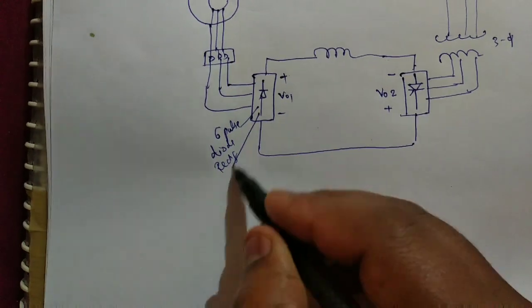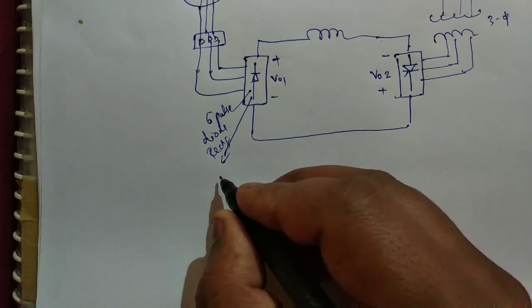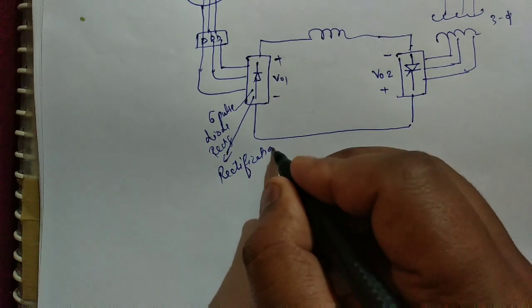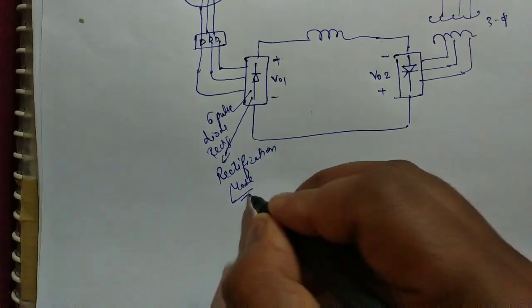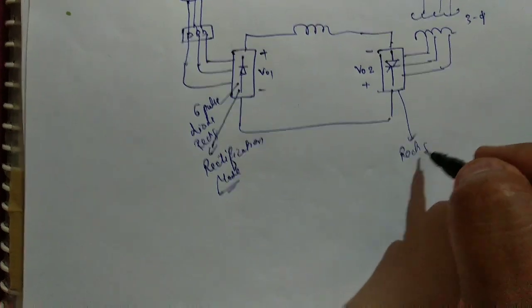This diode rectifier can work in rectification mode only, but the converter can work in both rectification and inversion mode.